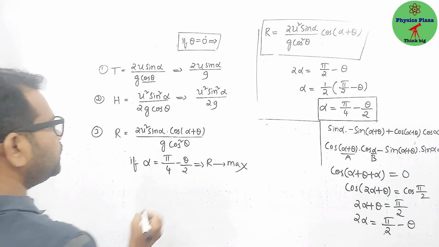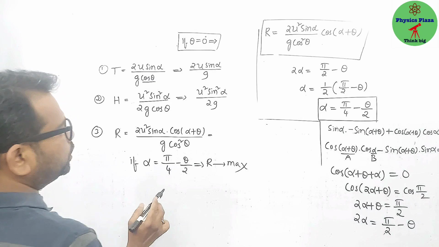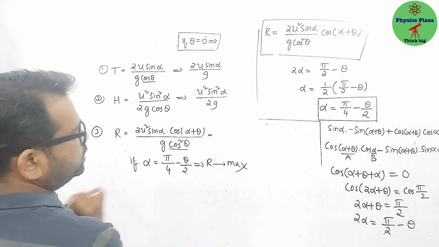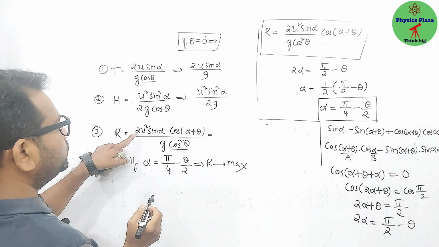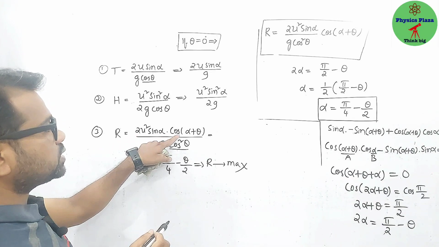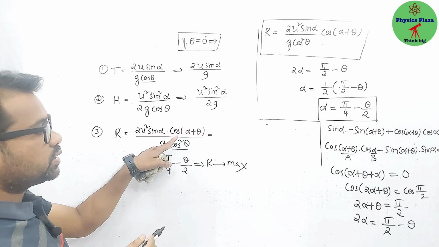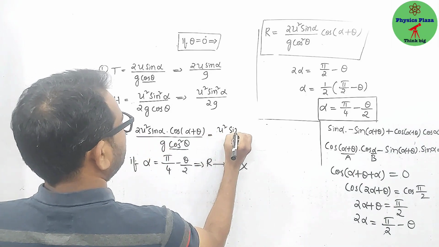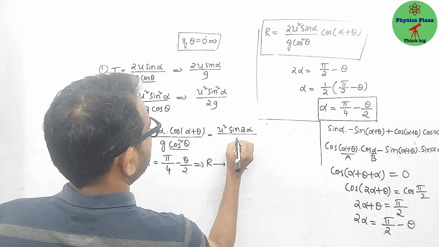Now the range will become, this is going to be 2 sin alpha cos alpha, which is sin 2 alpha. So this will be u square sin 2 alpha by g.